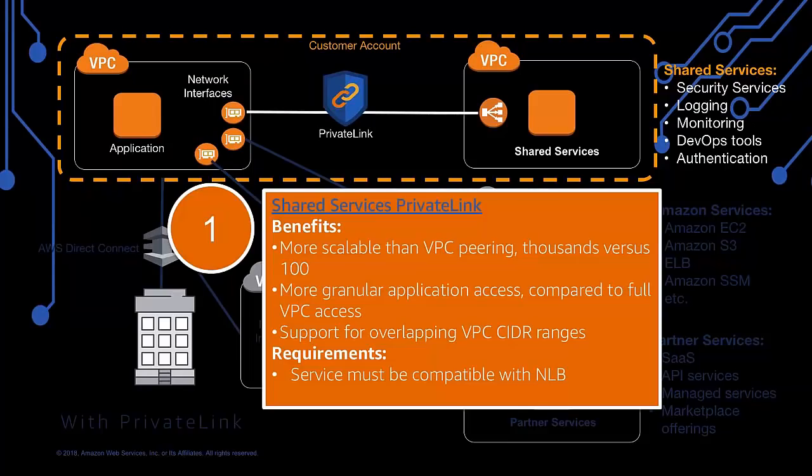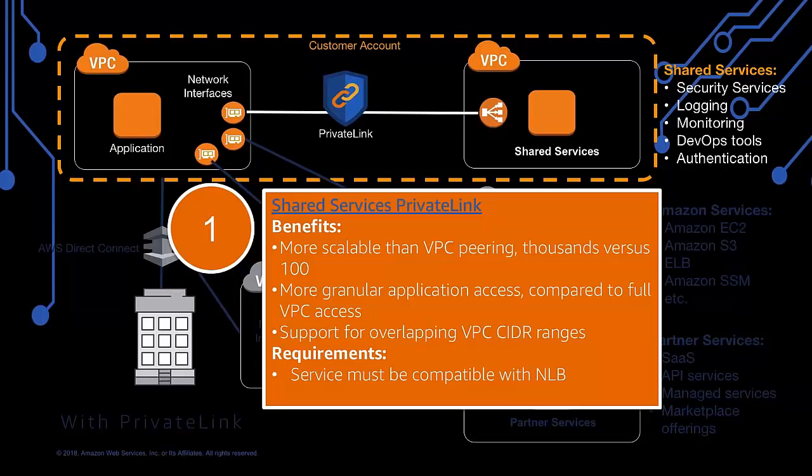So if you'd like to have more accounts, but you don't know how to share services amongst them, or if you want to have more than 100 accounts, that's helpful. Because in this model, you can share services with more than 100 VPCs. VPC peering locks out at 100. As well, if some of these VPCs have overlapping CIDR ranges, you can't use peering for that. So PrivateLink allows you to do that, and that's pretty helpful.